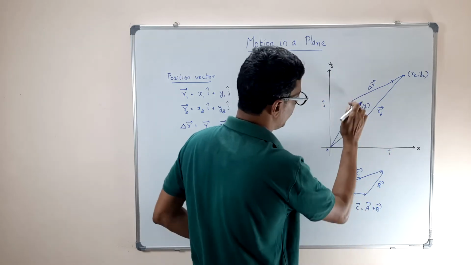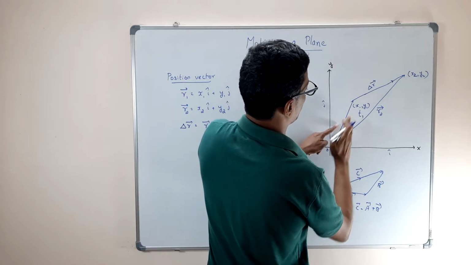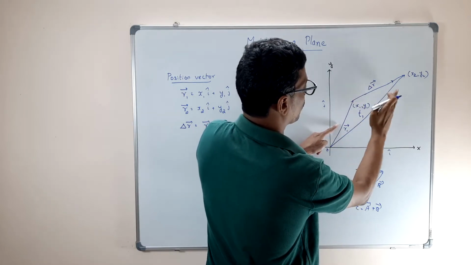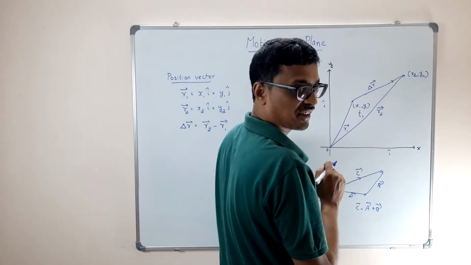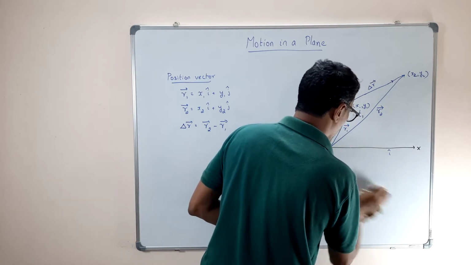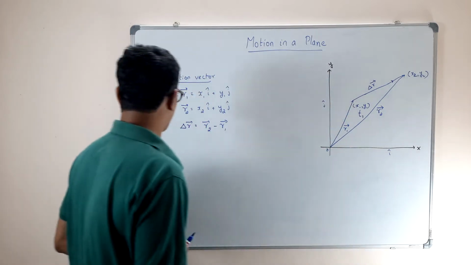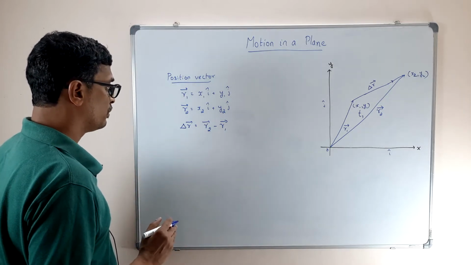But here you see, these both are opposite. So R1 vector plus delta R vector will be equal to R2 vector. So delta R vector will be equal to R2 vector minus R1 vector. You got it? So that's all. Fine.